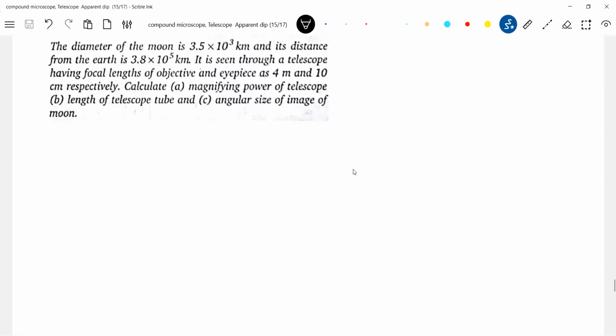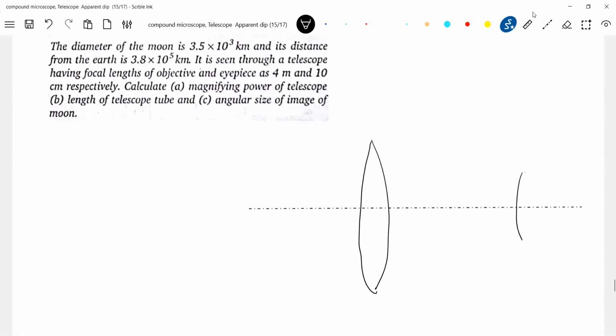How to find the angular size of the image? Ray diagram I may not be able to give. This is the objective. This is the moon somewhere here.